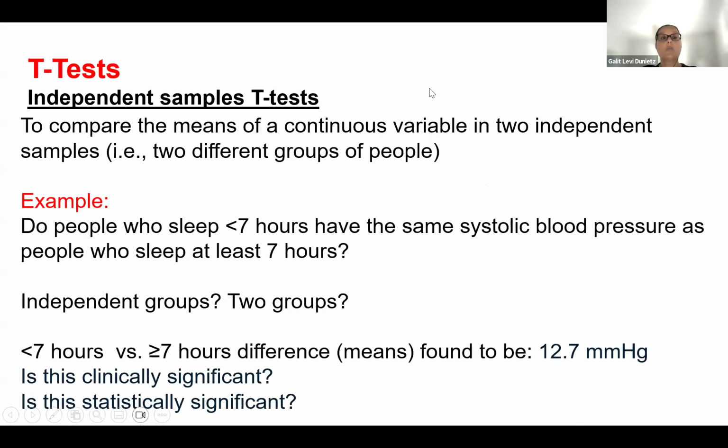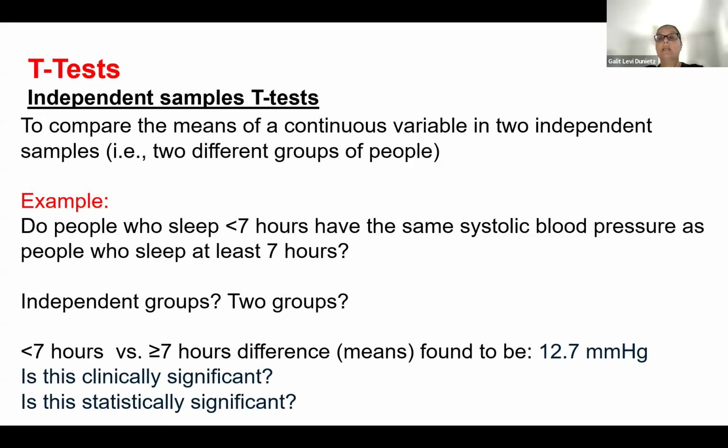the t-test. When we're dealing with independent samples, we're comparing means of a continuous variable in two independent samples. And when I say independent, that means that there are two different groups of people that are not related to one another, like if we're comparing women and men, or whites and non-whites. What we're interested in is whether there's a difference between the mean of a certain variable that we are measuring.